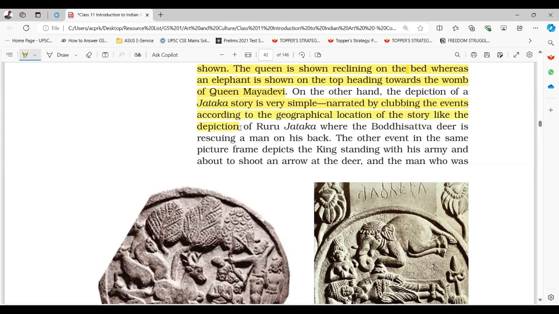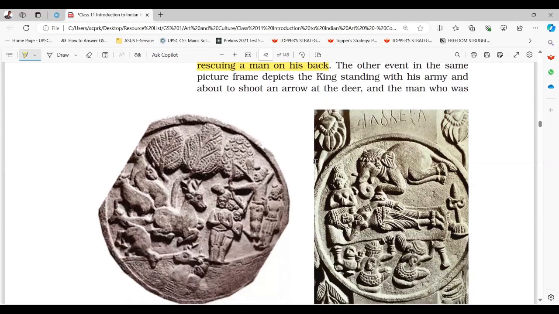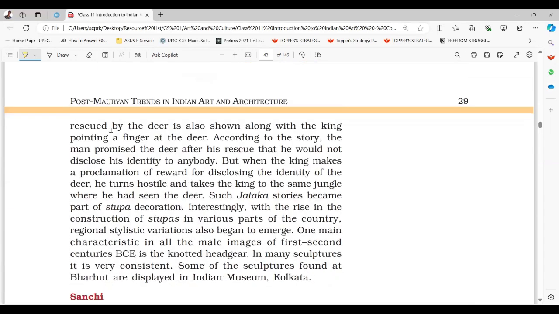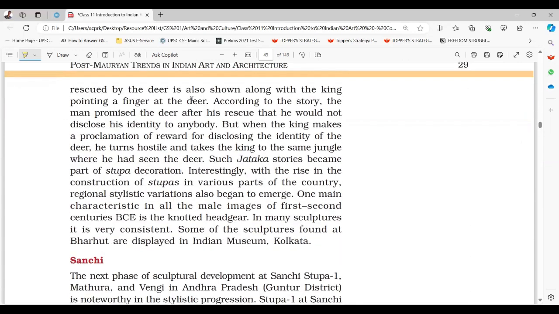Take the depiction of the Ruru Jataka, where the Bodhisattva deer is rescuing a man on his back. The other event in the same picture frame depicts the king standing with his army, about to shoot an arrow at the deer, and the man who was rescued by the deer is also shown along with the king, pointing a finger at the deer.